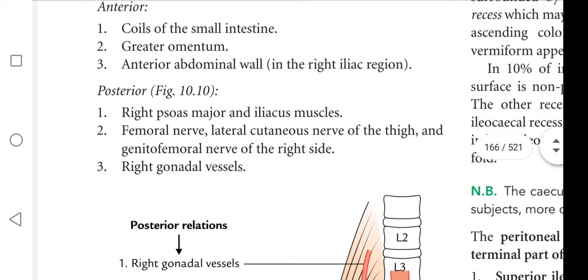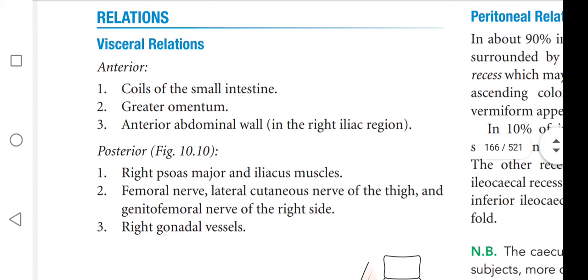Remember all the visceral relations. In anterior: coils of small intestine, greater omentum, anterior abdominal wall. These three are present in anterior. Coming to the posterior, in order: the muscles, psoas major and iliacus. The nerve that comes between these is the femoral nerve.